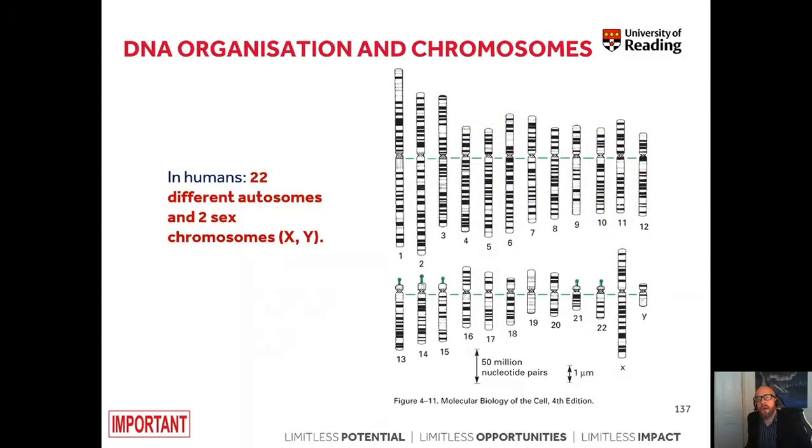So what does a typical karyogram in a human look like? The first obvious thing is that we always have 22 different pairs of autosomes and two sex chromosomes. For male patients, this is X and Y. X is larger than Y, and in females, we would have two X chromosomes, right?